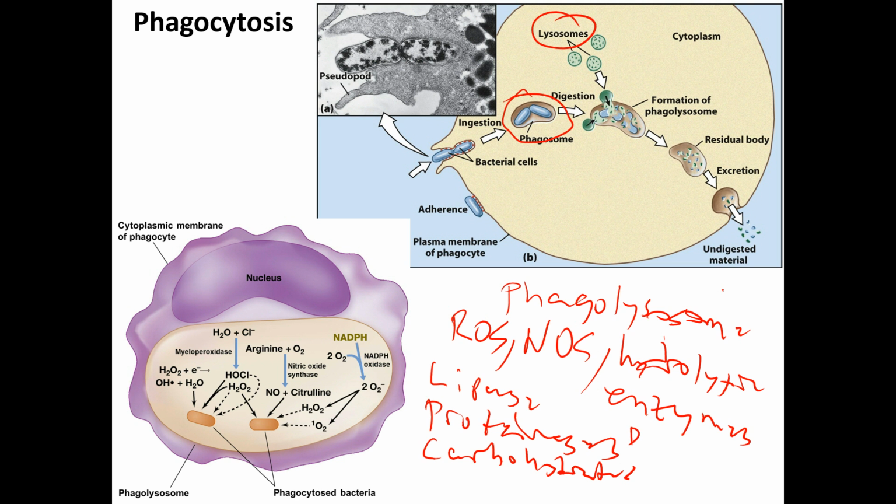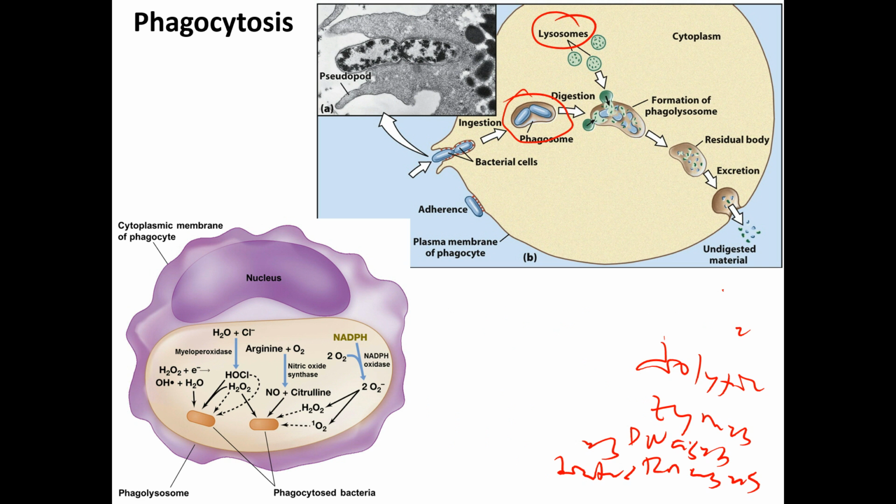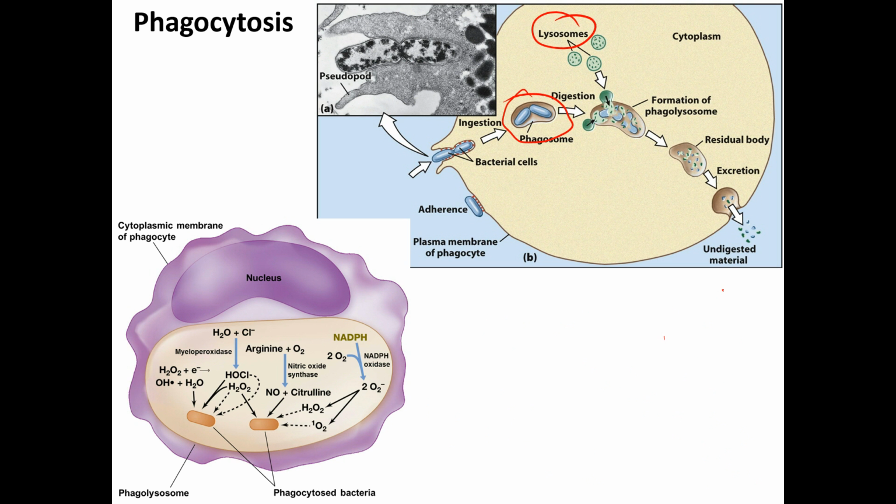You have DNases. You have RNases. All these are ultimately going to destroy that microbial cell. So you have destruction of the microbial cell. All these little cellular components get chopped into little bits. And then you have the elimination of those digested materials outside the cell.